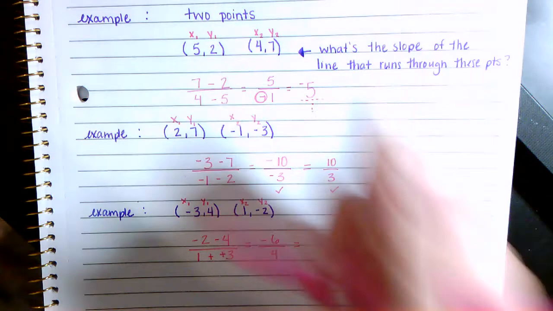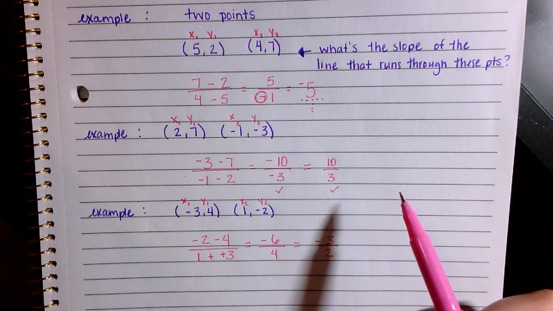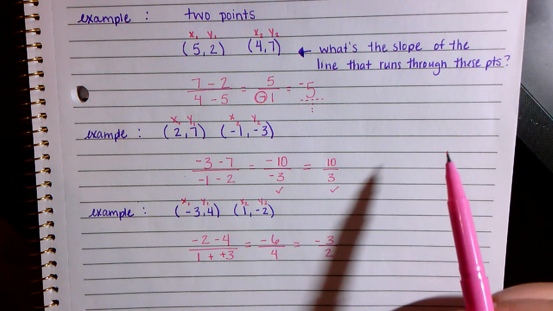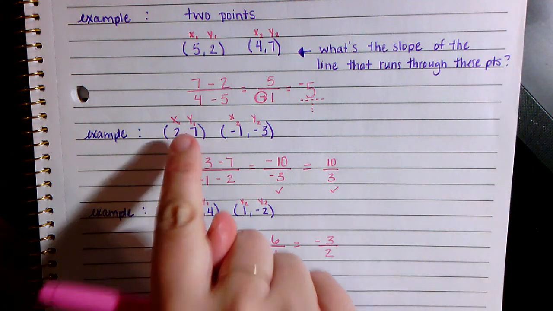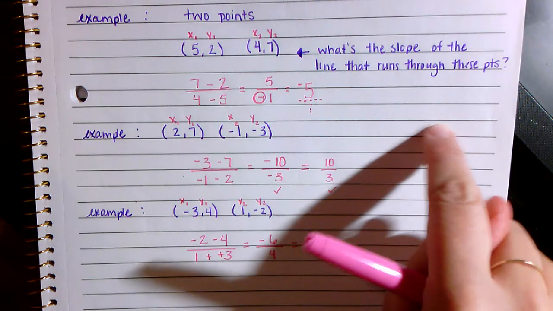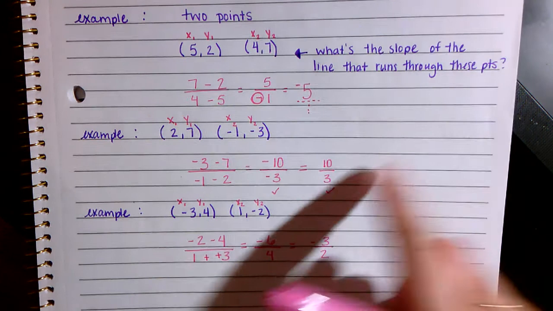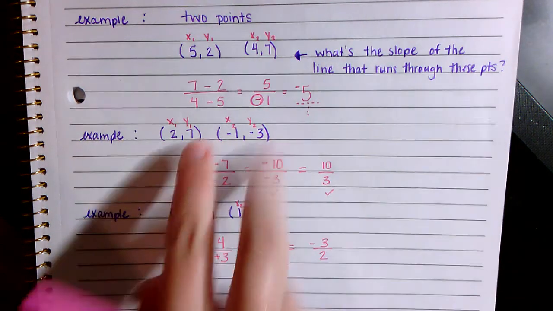So in finding slope, what you're doing is you're taking 2 points that have been graphed and you're figuring out how much you have to move to get from one to the other. So from this point to this point, you would have to move up 10 and over 3 to get from this point to this point. That's the difference between their x values and their y values. That's what we just did.